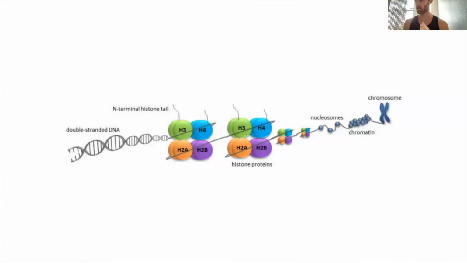If you take a look here, here's our chromosome, super coiled up and compact. This would be like heterochromatin, the inaccessible chromatin. Nucleosomes are the term for just one of these units of histone proteins with DNA wrapped around them. You can see that DNA is wrapped around them, and then there's a string here.